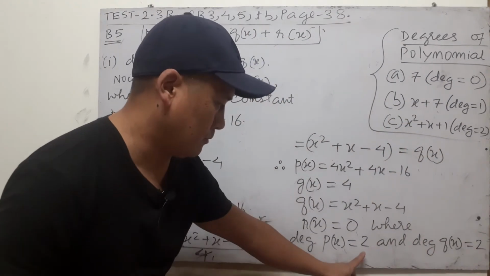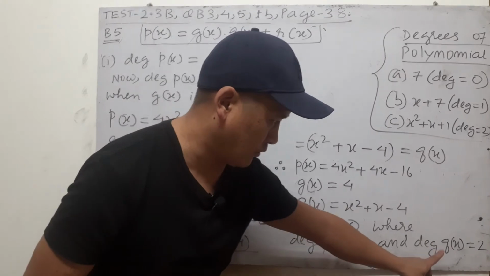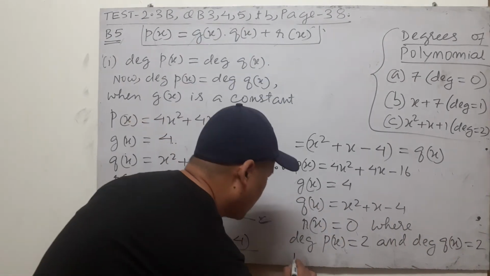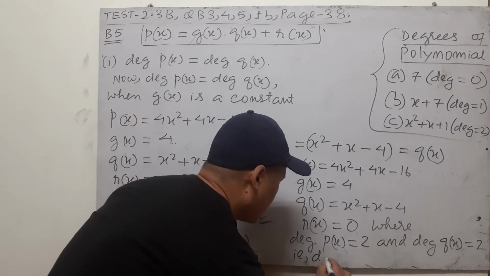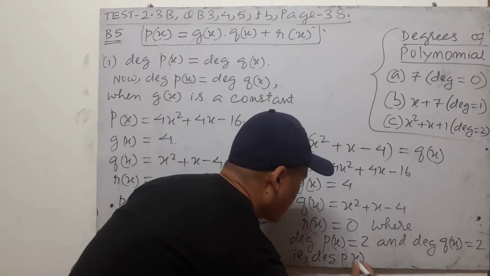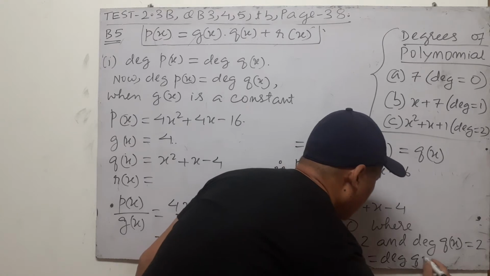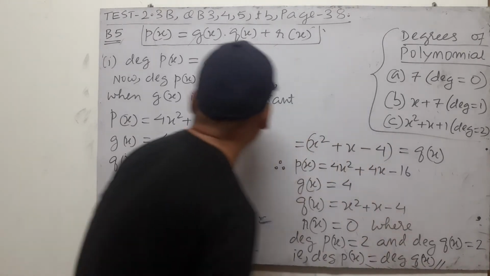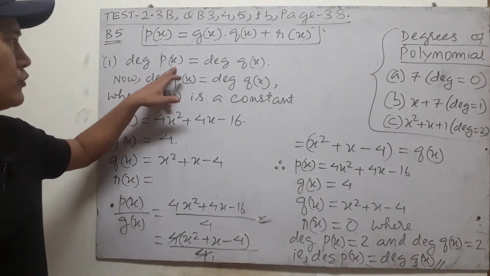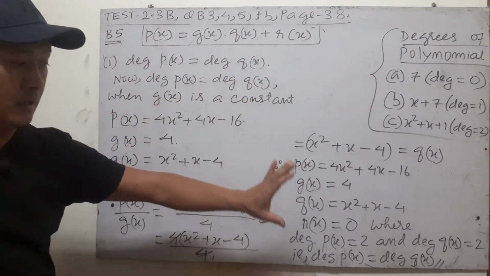So p of x and q of x have the same degree. In other words, degree p of x is equal to degree q of x. So the condition of the question that the degree of p of x should equal the degree of q of x is satisfied.